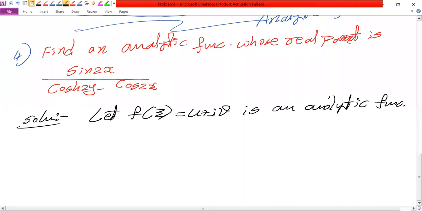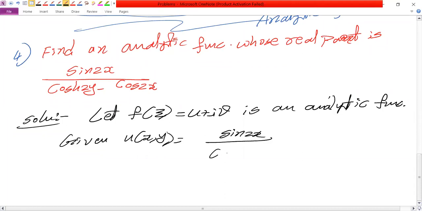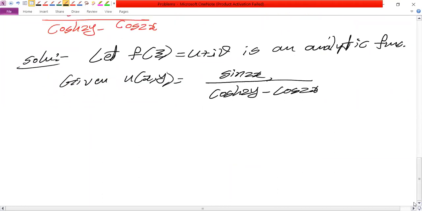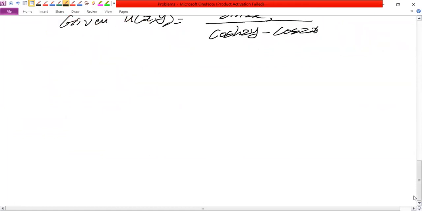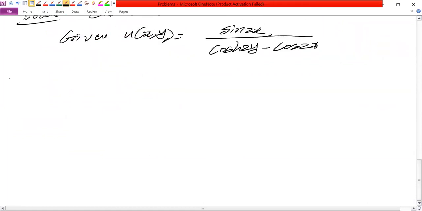Let f of z equal u plus iv be an analytic function, and the real part is given, so u of x, y equals sin 2x by cosh 2y minus cos 2x. This is the u function. After they provide the u function, what we need to find? ∂u/∂x and ∂u/∂y.